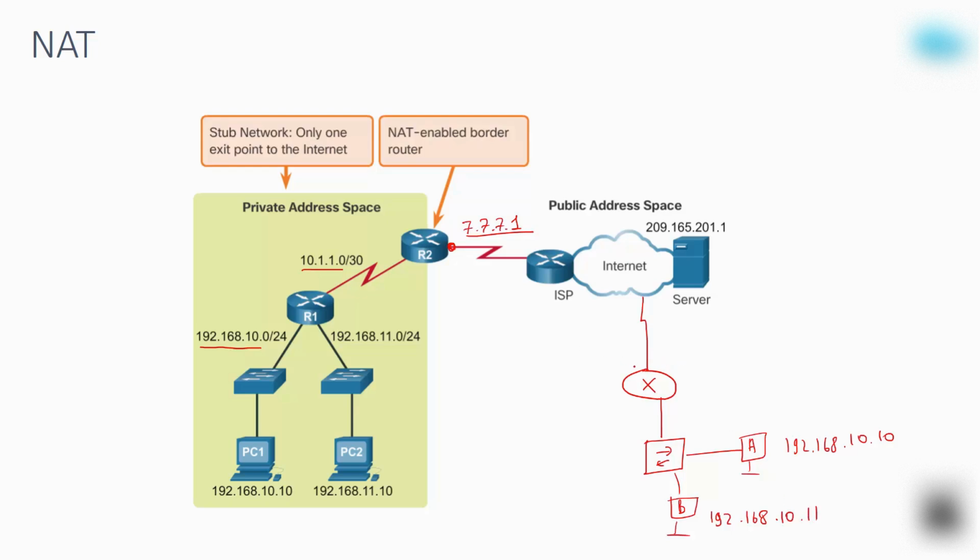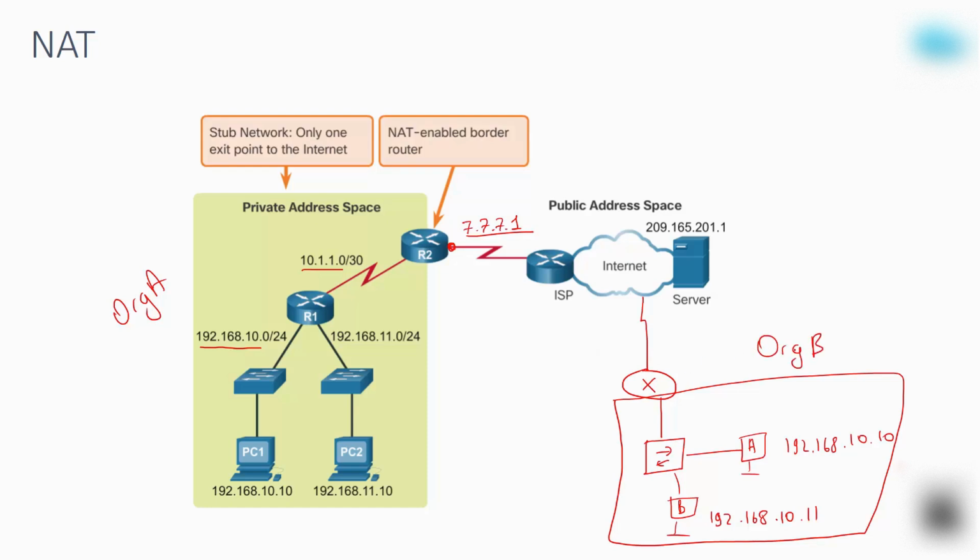This area also belongs to a local area network. This is one organization, organization A, and this is organization B. Inside these two organizations, we have local area network IP addresses which are absolutely the same.